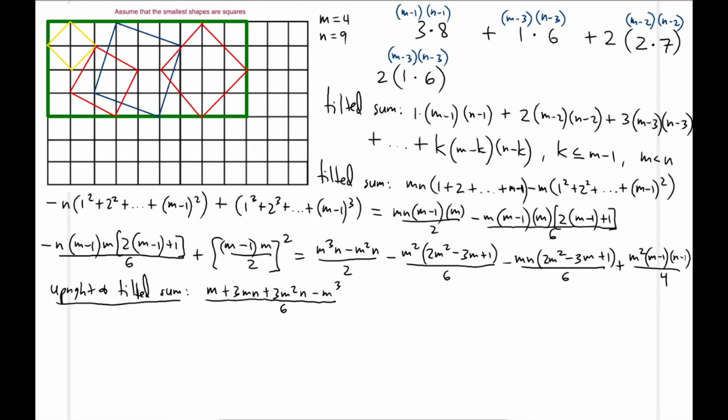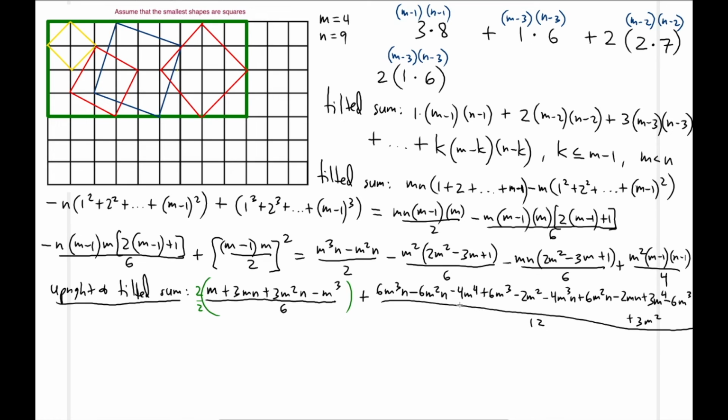So we should multiply this whole thing by 2 over 2, which is going to alter these as well. So this will be multiplied by 6, this will be multiplied by 2 every term to make it 12 on the bottom. This also multiplied by 2, and this multiplied by 3 in order to make the bottom 12.